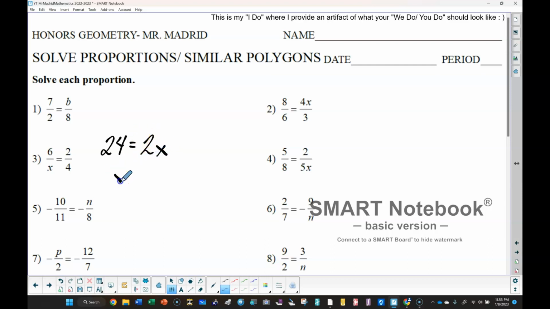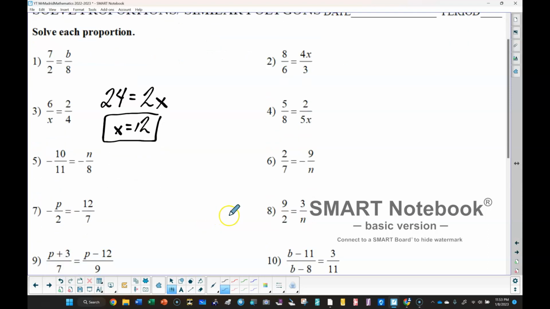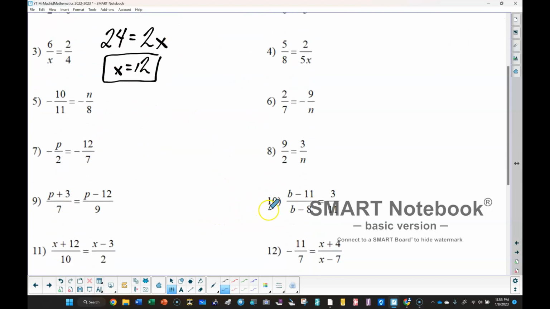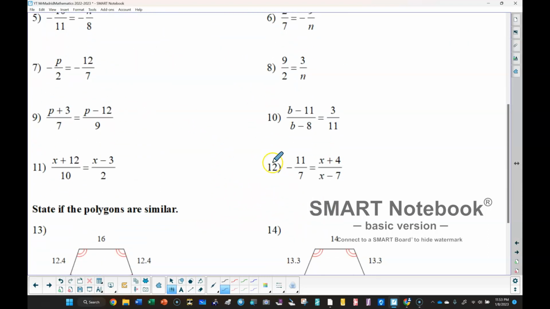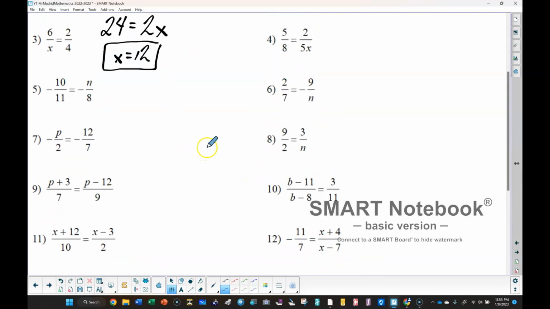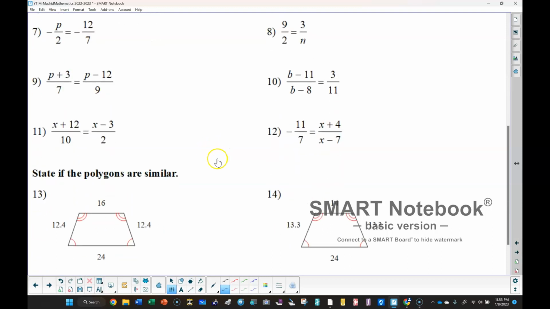Divide by 2 and we get x equals 12. Now in your case, if you need the calculator, feel free to do so, but at least cross multiply and set it up just like that. Alright, so up to 12. Half of the assignment will be just working on some of those algebra skills.